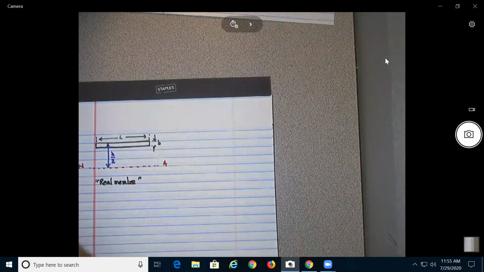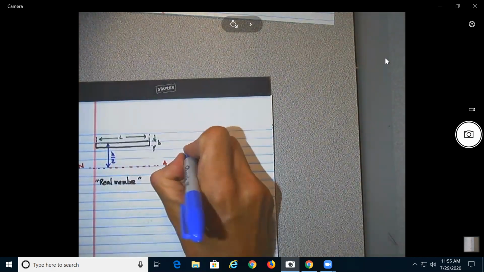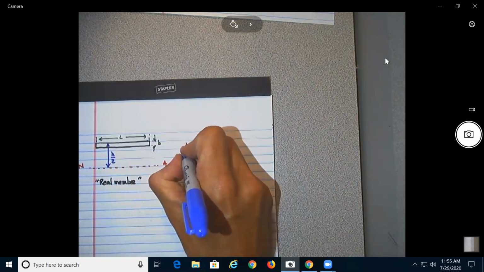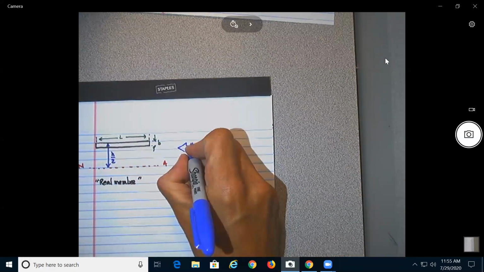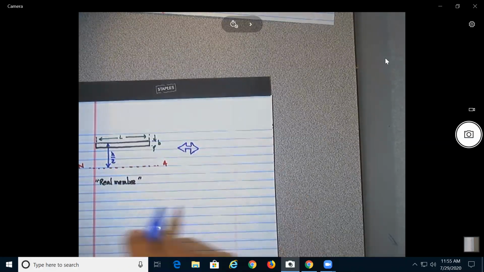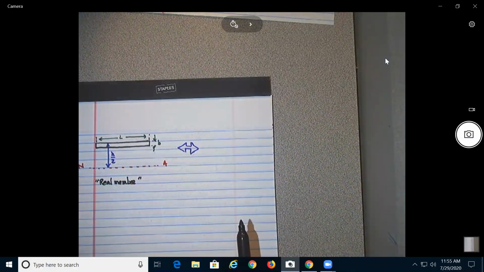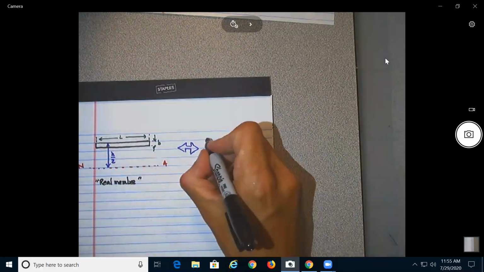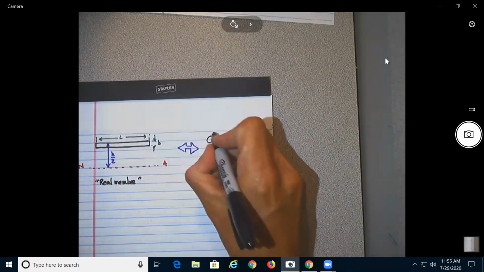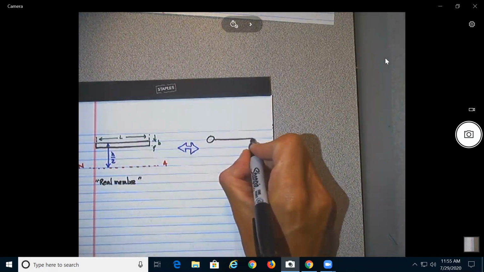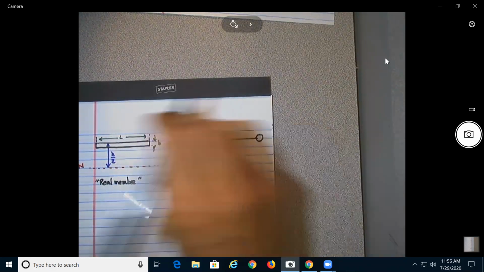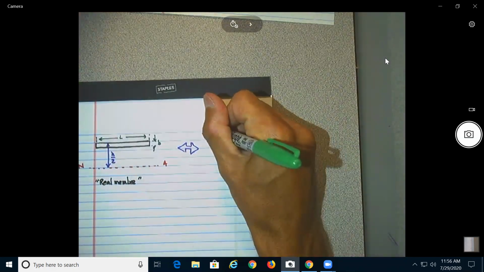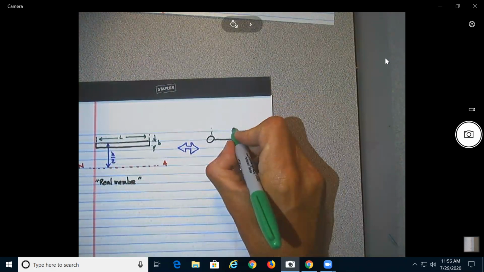And we need to do the idealization. So how will be our idealization? It will be again this one over here, where we want to keep the distance L in between.